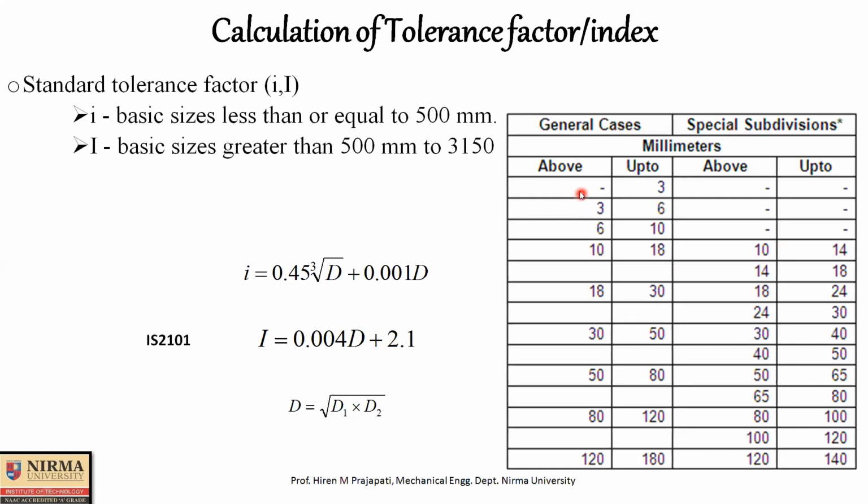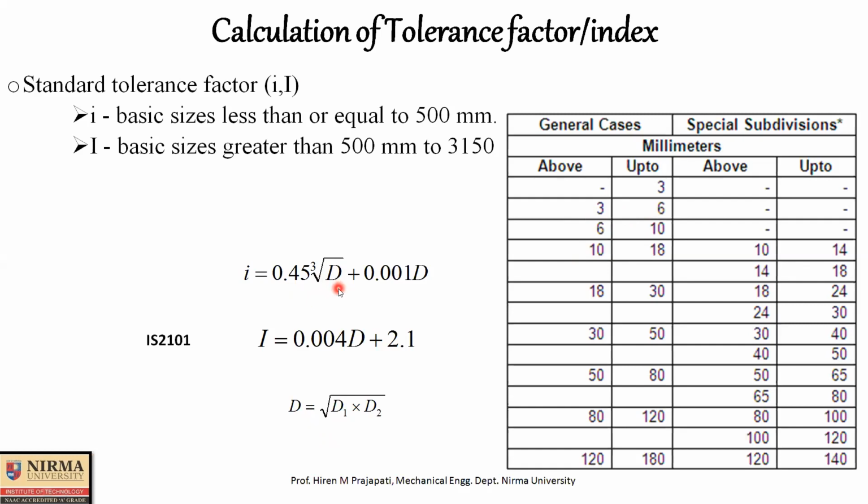First, just see this general case. As per the general case, if your basic size is in the range of 3 to 6, for example 5 mm, then D1 is 3 and D2 is 6. Then 3 into 6 is 18, and the square root of 18 is your capital D. After finding capital D, put it in the equation of tolerance factor small i, and you get a numeric value of small i.